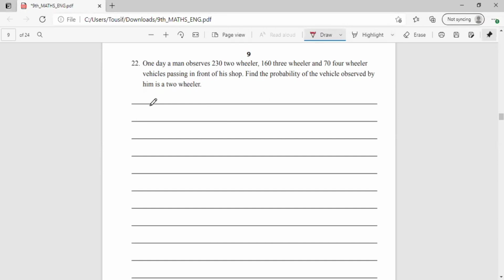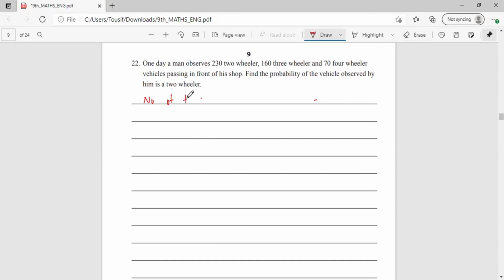First of all, the number of vehicles observed by a man of two-wheeler. We shall bring a bit of change in our sentence. Number of two-wheeler vehicles, we're going to start with that.